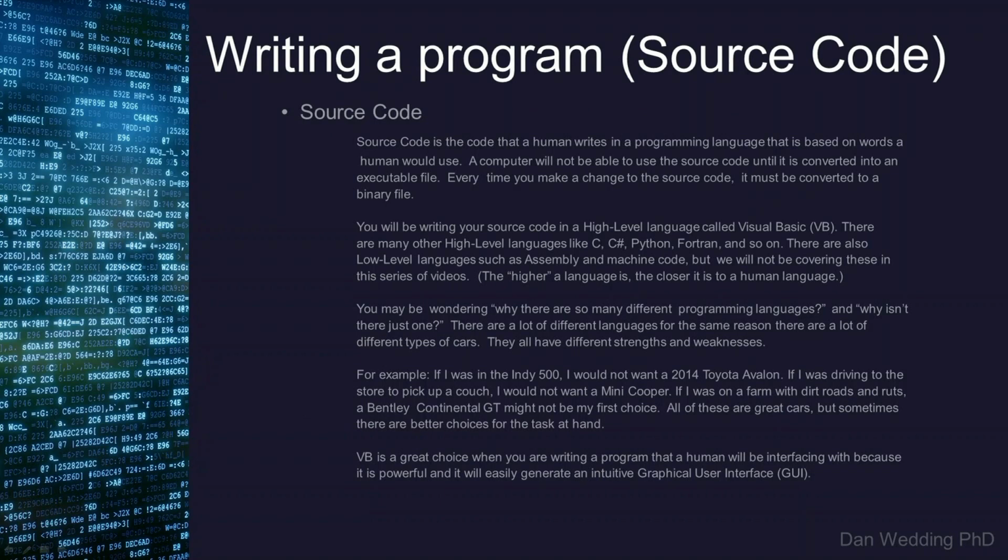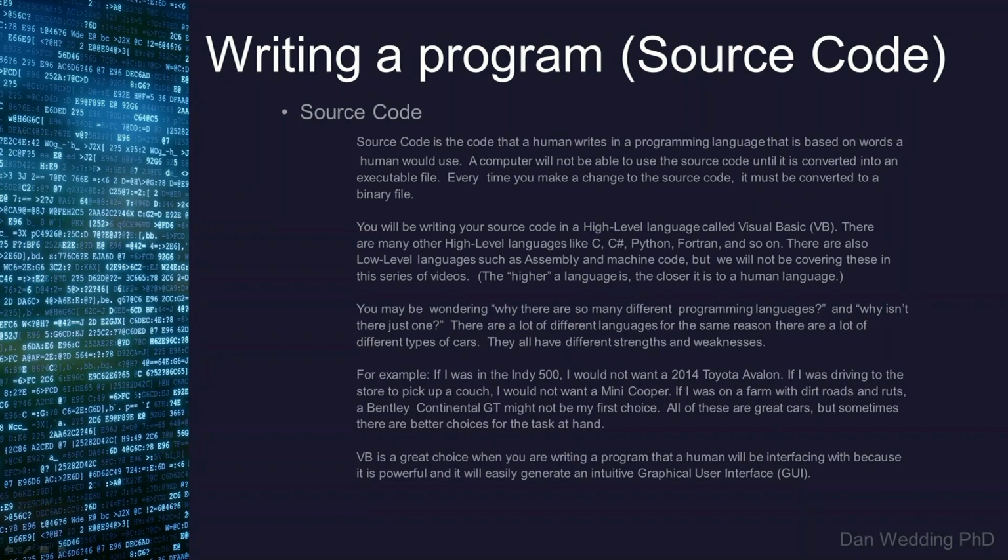Source code is the code that a human writes in a programming language that is based on words a human would use. A computer will not be able to use the source code until it is converted into an executable file. Every time you make a change to the source code, it must be converted to a binary file.